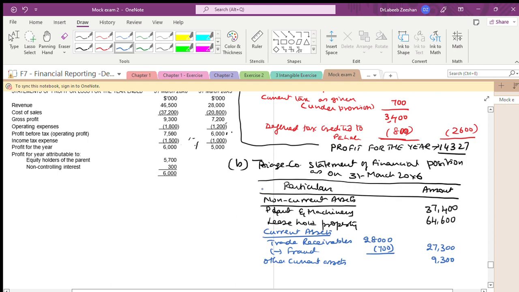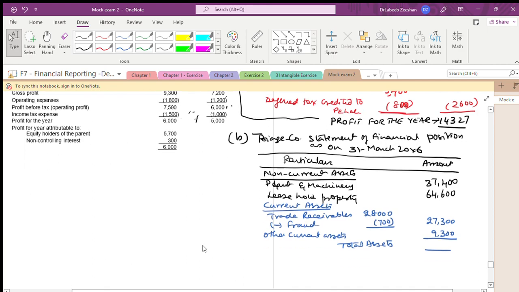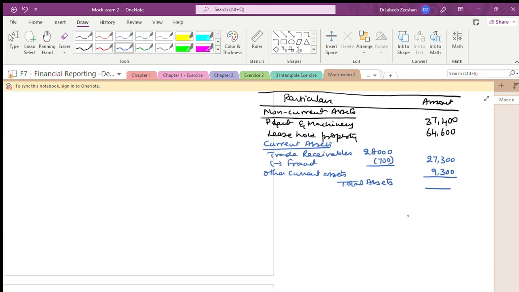That's all. How much will you get in total? These are the total assets: 138,600.